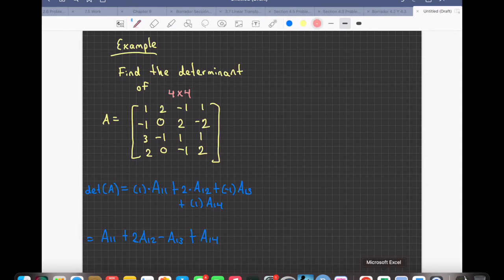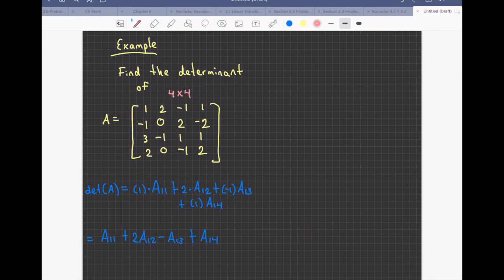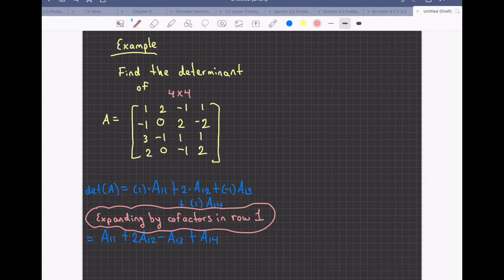So this process, or another way to denote this when you're computing the determinant, is expanding by cofactors in the row 1. So this is what we're doing. We are computing the determinant by expanding by cofactors in row 1. You see? Now, of course, I have to compute it.